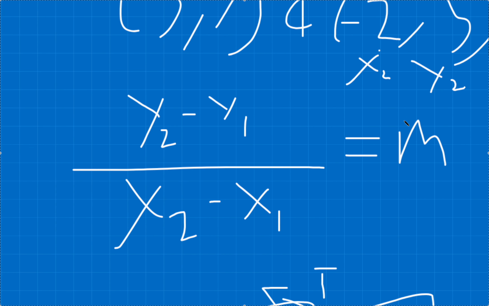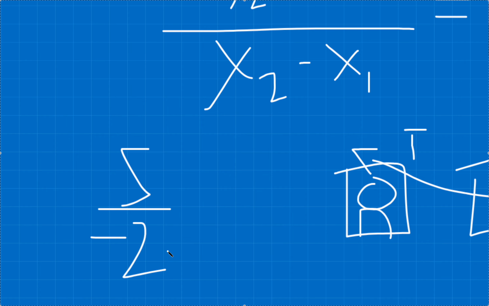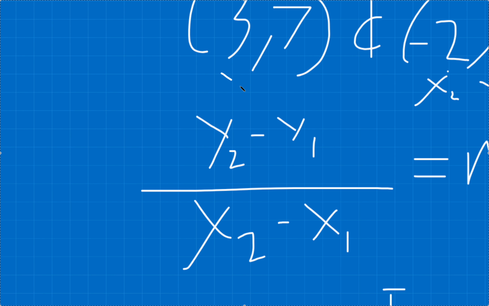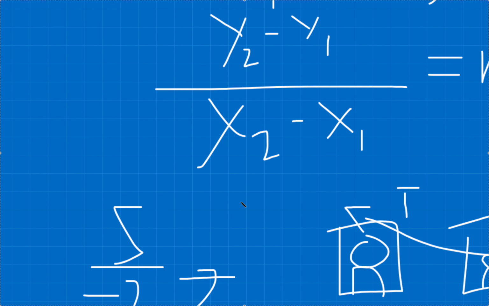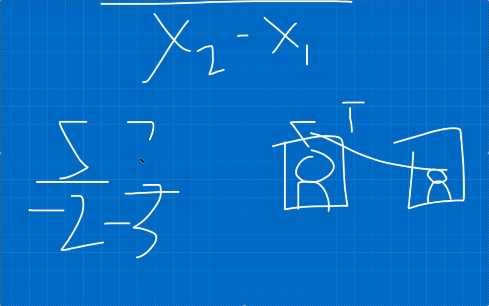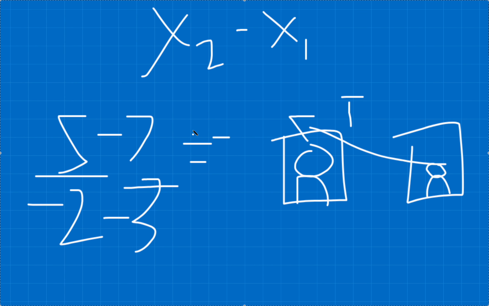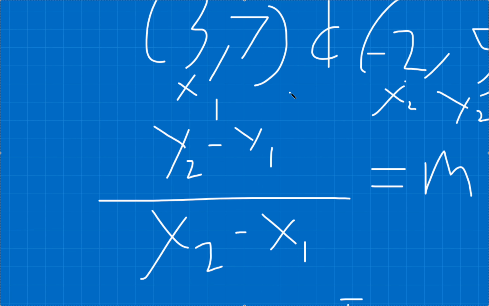And so when we plot it, it would be 5 minus 7, divided by negative 2 minus 3, which equals negative 2 over negative 5, and we'll get 2/5, and that's the slope of this line.